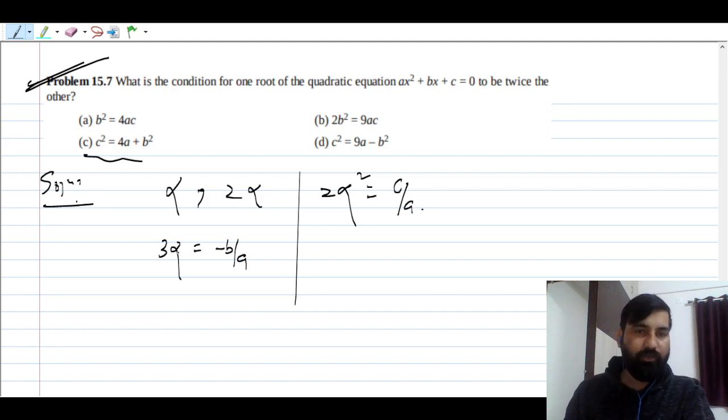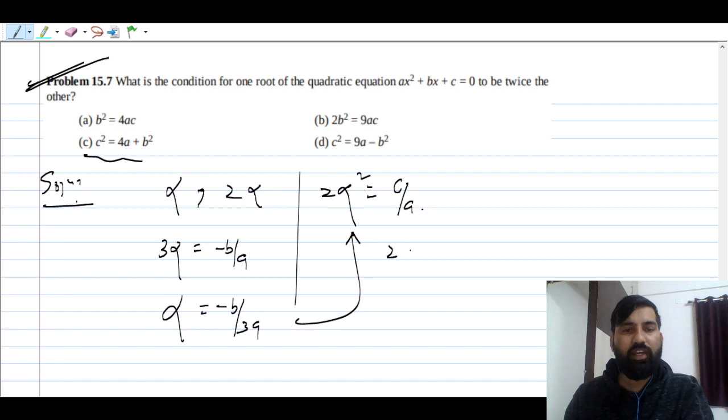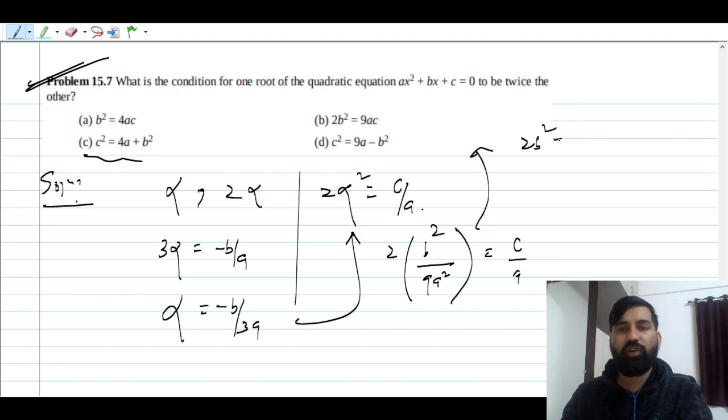So from here you can find alpha, right? Minus b by 3a, and you can plug it here. So 2 times b square by 9a square equal to c by a. So from here you can find out 2b square equal to 9ac.